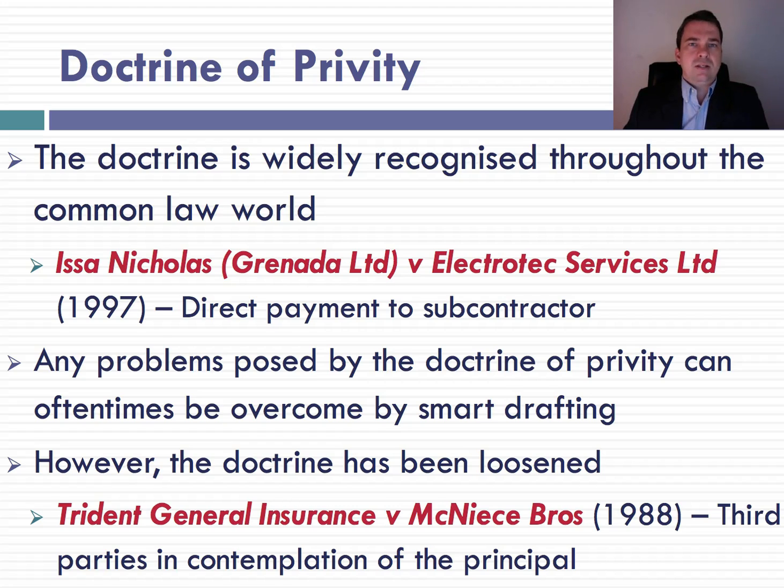That means when the insurance company concluded their agreement with the main contractor, they would have been aware that there would be third parties, subcontractors such as McNeice, who would also be working at that construction site, at that project site, and that they would also be covered. Now, one could argue that this exception or this loosening only applies to the insurance scenario, and to an extent it probably does. But we'll see that in some other cases, third parties have also been able to penetrate the doctrine of privity.